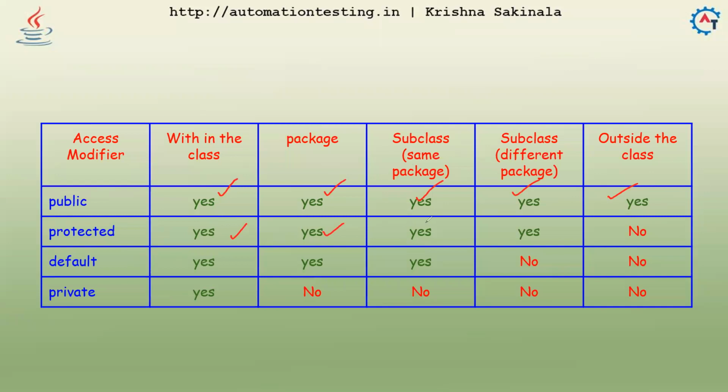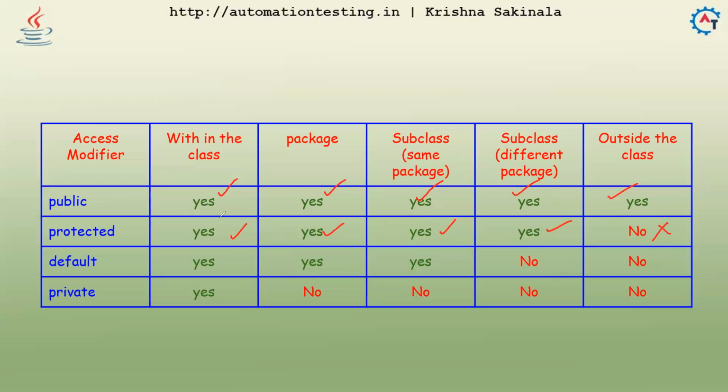Subclass means there is a relation between parent and child using the extends keyword; there you can use it. Subclass in the same package, there is even no need to mention parent-child, but if you want you can, and without it also you can use it. In a different package also you can use it, but outside the class with no parent-child relation, you cannot use it.